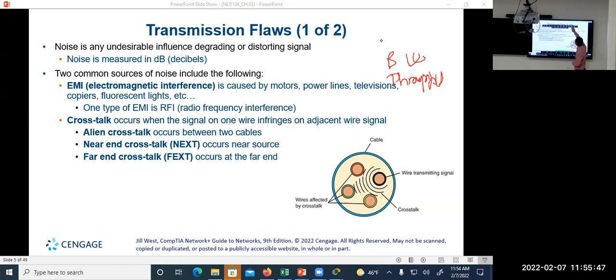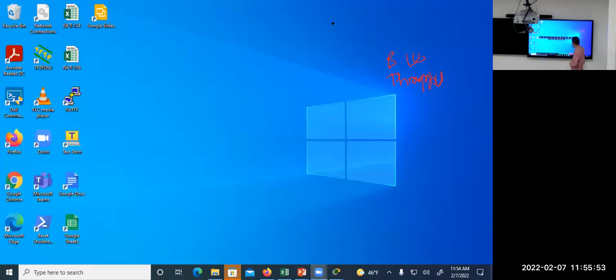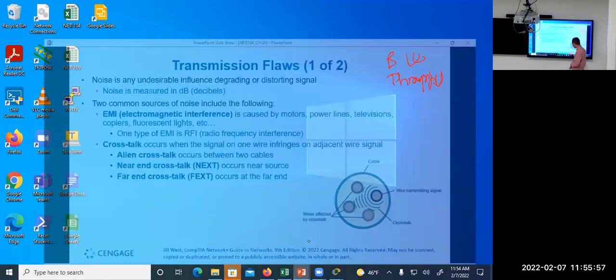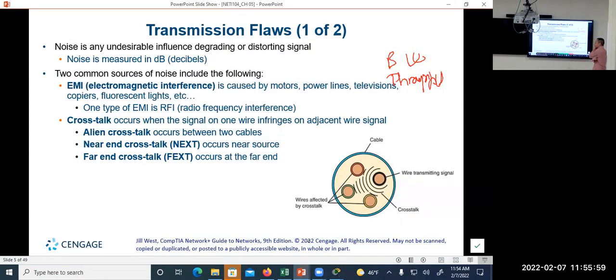The first definition here is noise. Noise is undesirable. You don't want it. It influences, that means degrading or distorting the signal here.